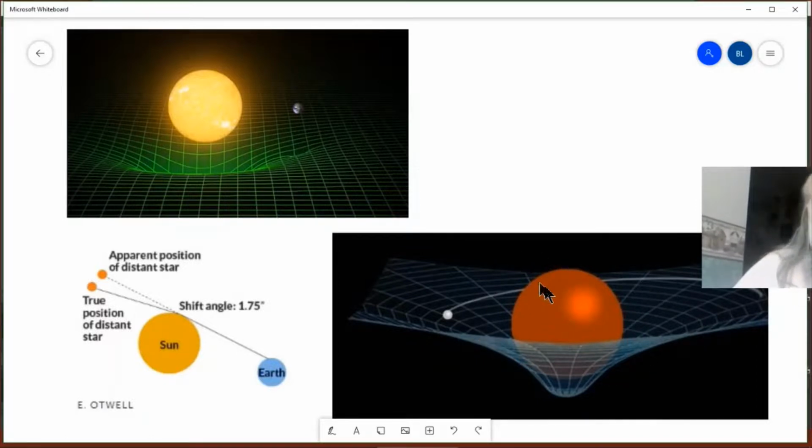And over the 100 years since he first proposed this model, they've tested it thousands of ways and haven't found any problems with it yet. So in terms of predictions, one of the things that it predicted is, if you look at that, light's traveling along here.